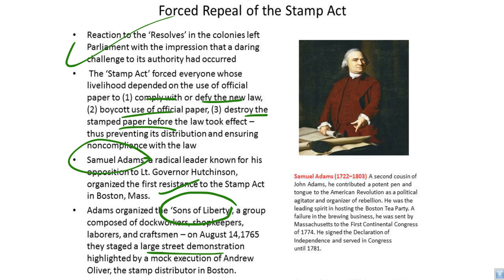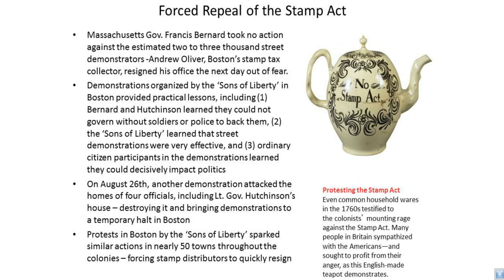The Stamp Act forced everyone whose livelihood depended on the use of paper to comply with or defy the new law, boycott the use of official paper, or destroy the stamped paper before the law took effect, thus preventing its distribution and ensuring noncompliance with the law.